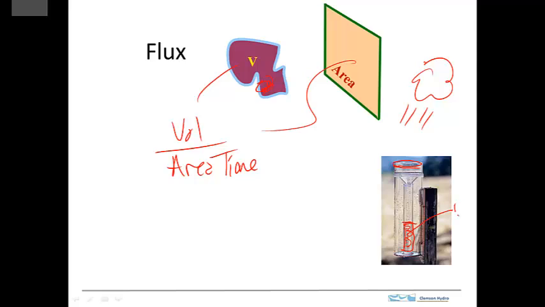It's this volume divided by that area. And so if we have an inch of rain, that's a volume divided by an area. And if we do an inch of rain in an hour, that's a cubic inch per square inch in 1 hour. So rainfall rate is a flux.